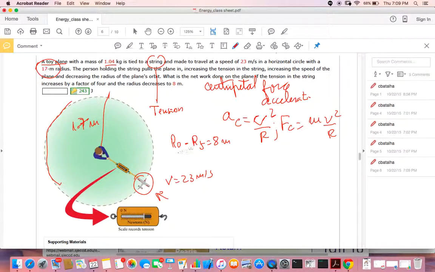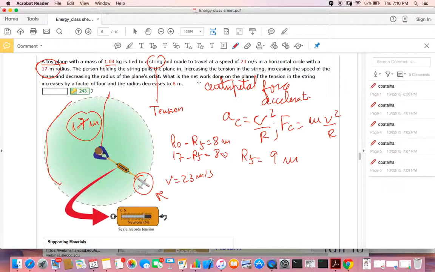So 17 minus the final radius is 8, and so the final radius is 9 meters, right? So it starts with 17 meters, and then it pulls the little toy airplane in, it increases its speed and the radius diminishes.